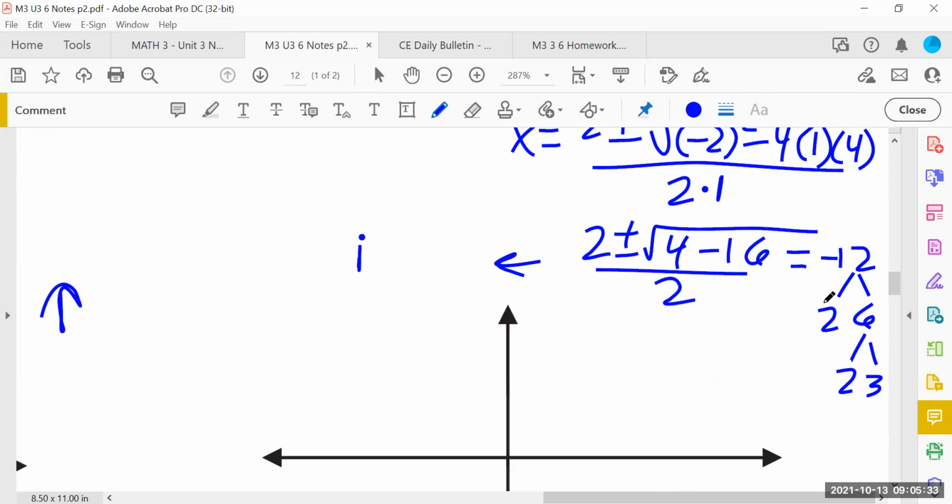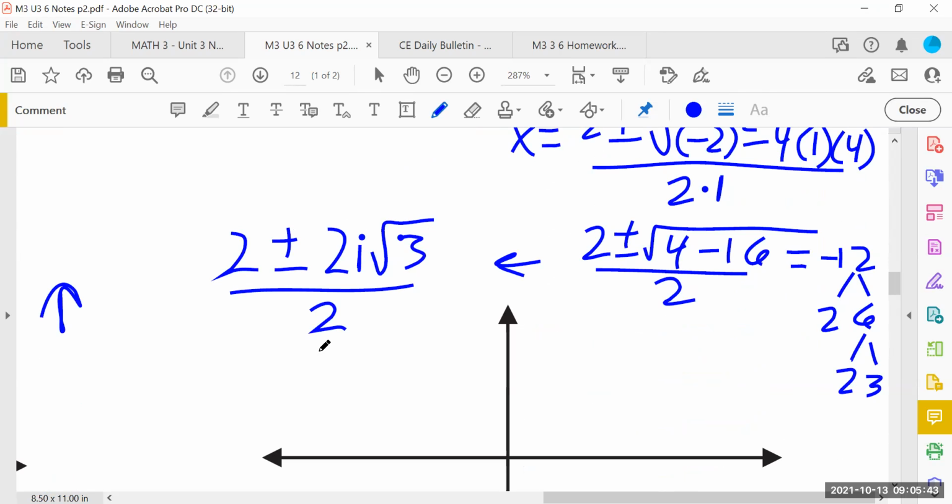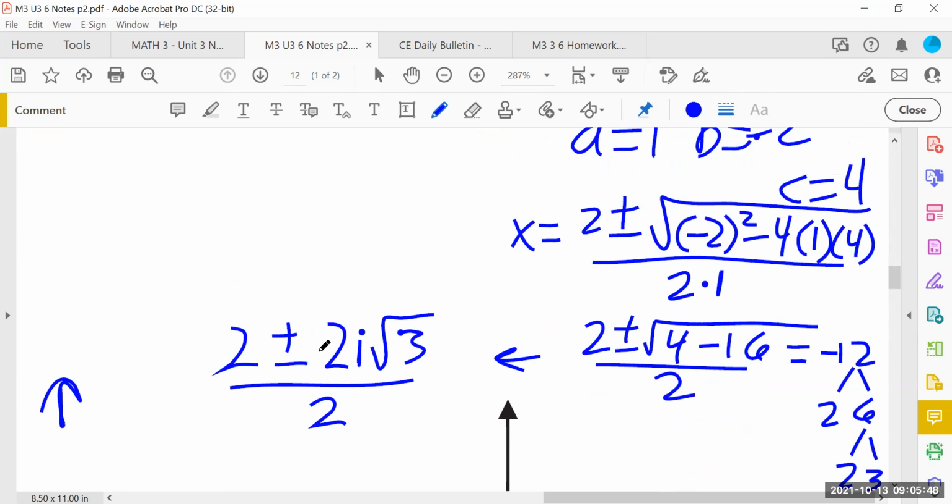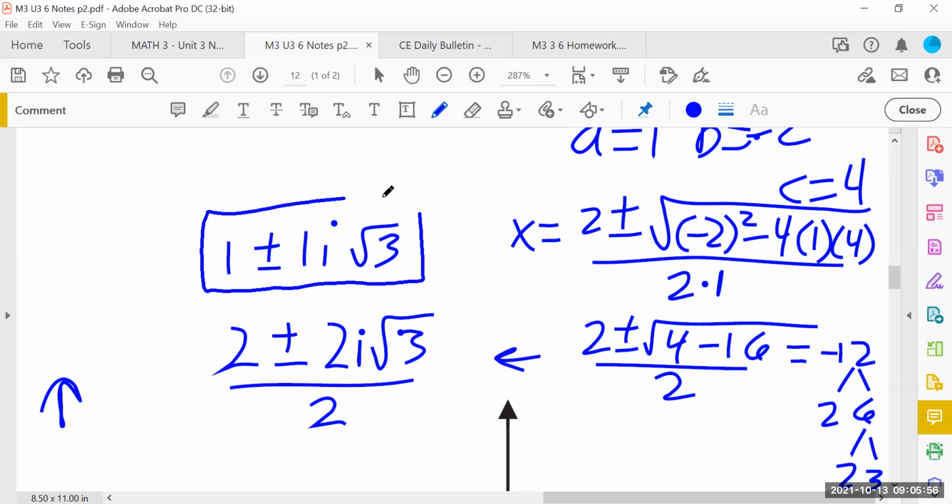So I have a pair of 2's. So 2i root 3. 2 plus or minus 2i root 3 divided by 2. 2 goes into both of those. I end up with 1 plus or minus 1 i root 3. Can I graph that?